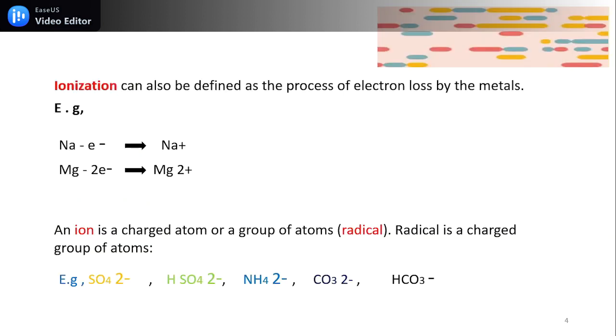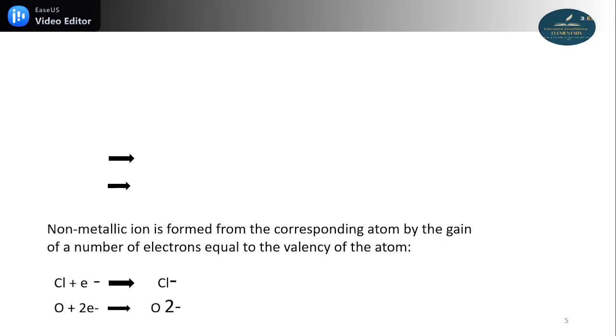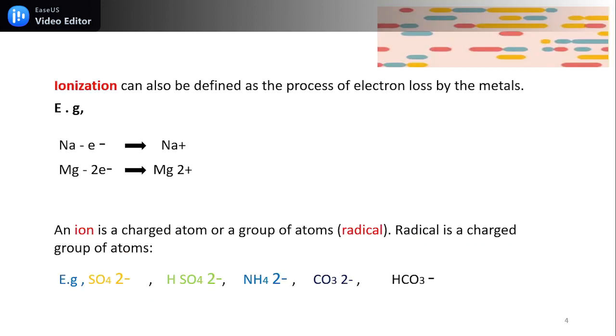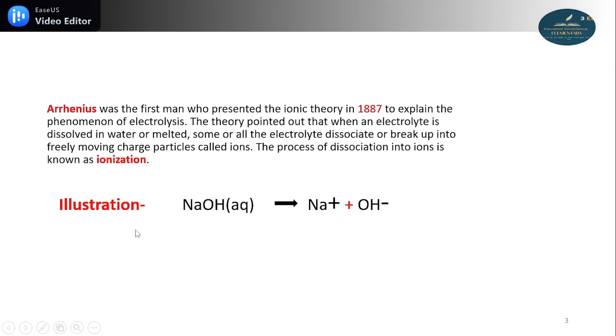Now, let's look at the definition of the word ionization. Ionization can also be defined as the process of electron loss by the metals. So we have the first definition here, which is the dissociation of the electrolyte, this compound, in aqueous solution, into ions, freely moving charged particles.